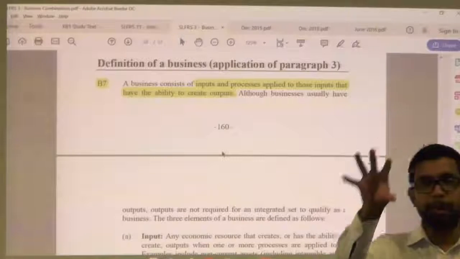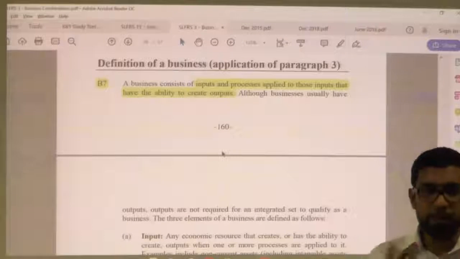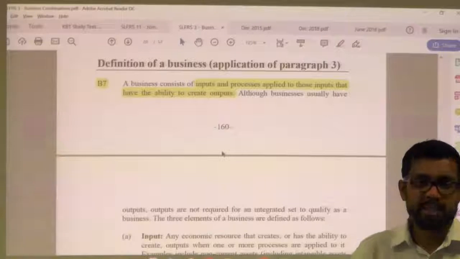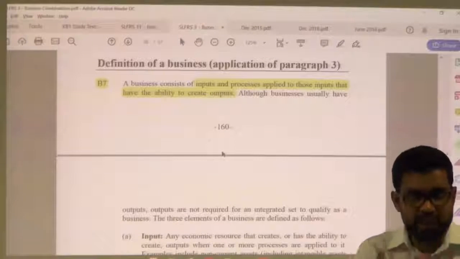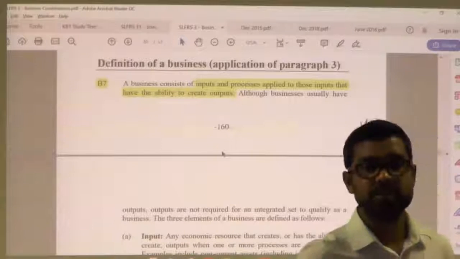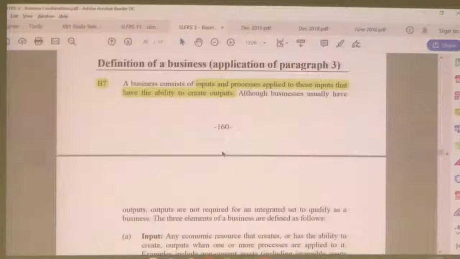All these people process. What I am doing is processing, lecturing. They are doing seminars, they are arranging different courses, processing, and finally create what? Chartered accountants. That is the output.